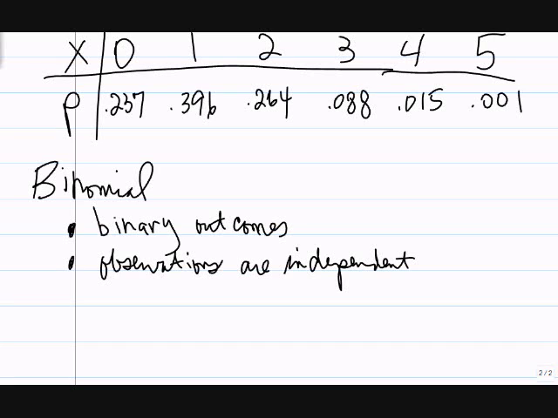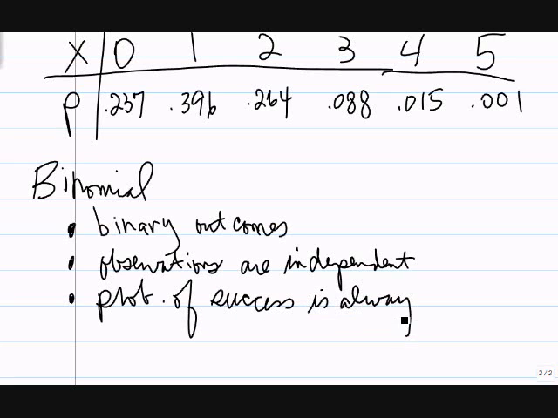So we need some independence from question to question. And the probability of success is always the same; our probability of success was 25%, it never changed. If I meet these 3 criteria, these are Bernoulli trials.